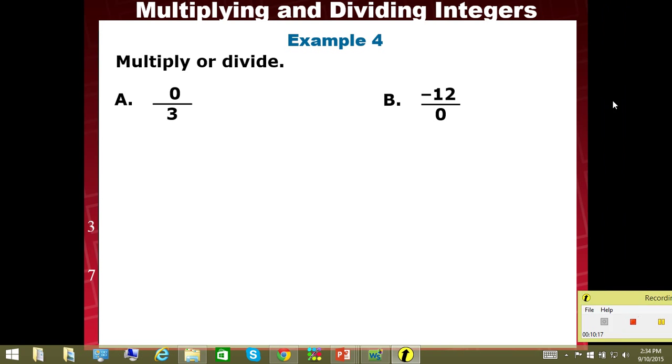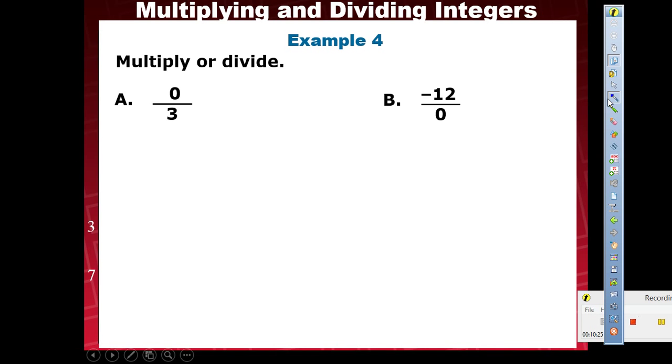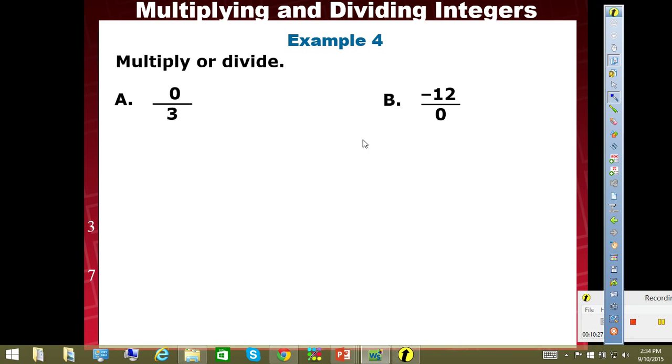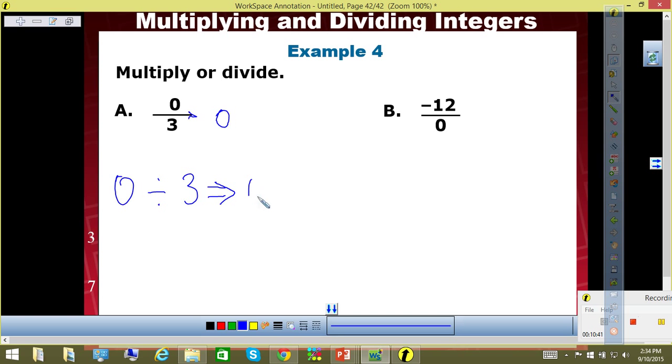All right, check this out. 0 divided by 3 can be written like this. 0 divided by 3. 0 divided by 3 is 0.